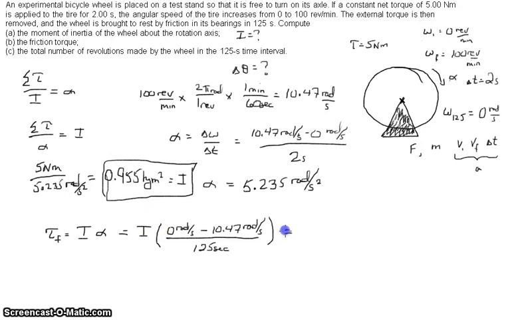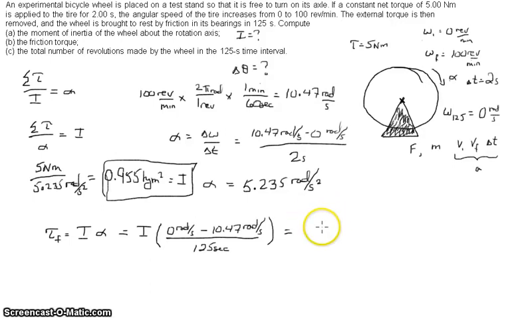Okay. So all that being said, this 0 minus 10.47 radians per second divided by 125 seconds will give us the acceleration during the time it takes the wheel to come to rest, and then we can solve for the number of revolutions made by the wheel on a 125 second time interval.